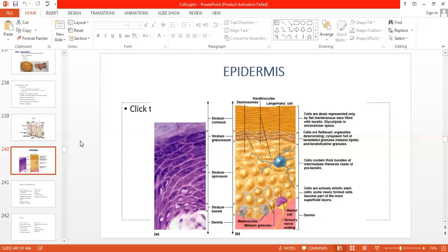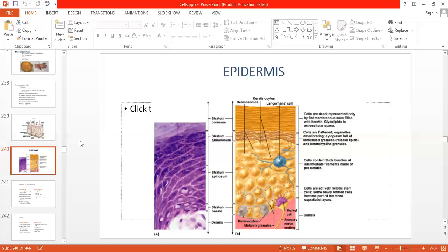And the last layer, stratum basale, cells are actually stem cells. Some newly formed cells become part of the more superficial layer. This we have discussed about the epidermis.